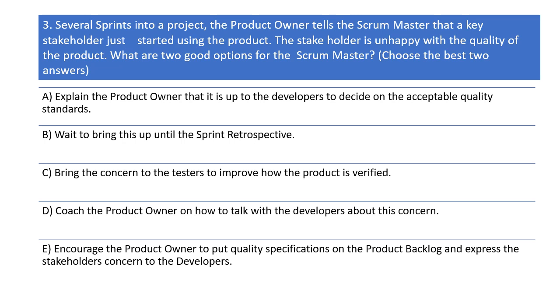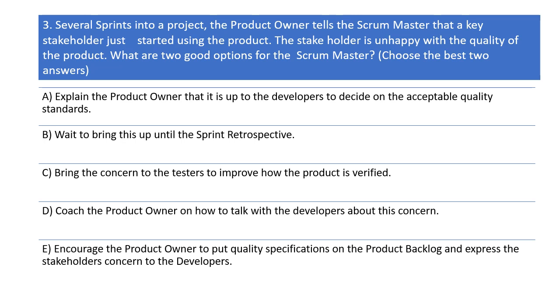Option A. Explain the product owner that it is up to the developers to decide on the acceptable quality standards. Option B. Wait to bring this up until the sprint retrospective. Option C. Bring the concern to the testers to improve how the product is verified.